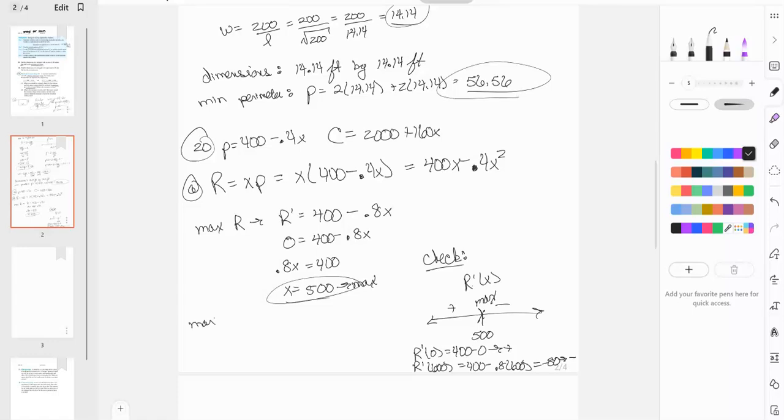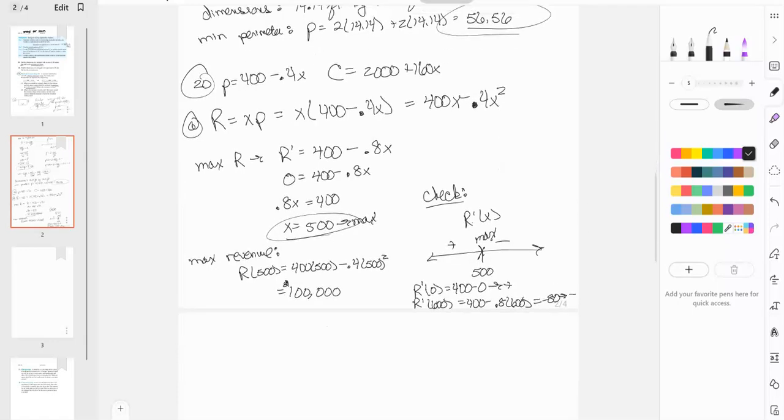So what is the max revenue? The max revenue, if we plug in 500, looks like it would be $100,000.